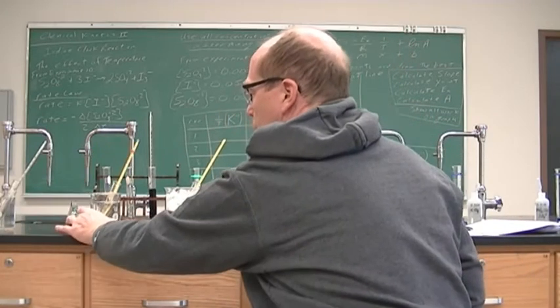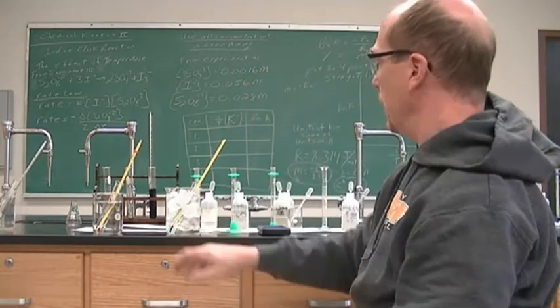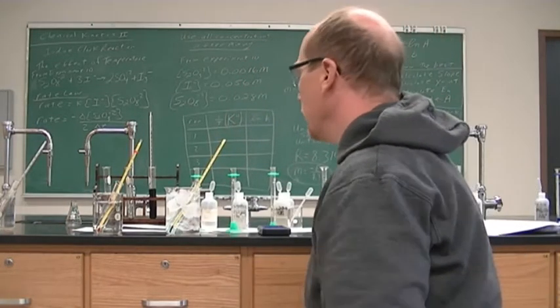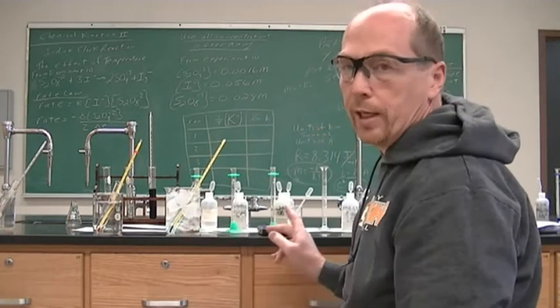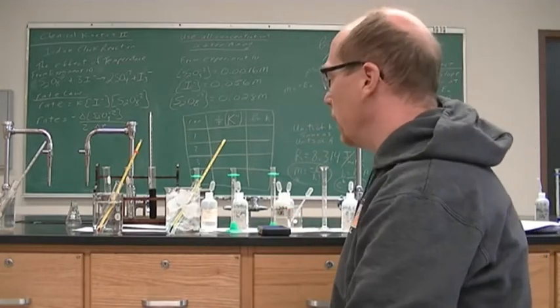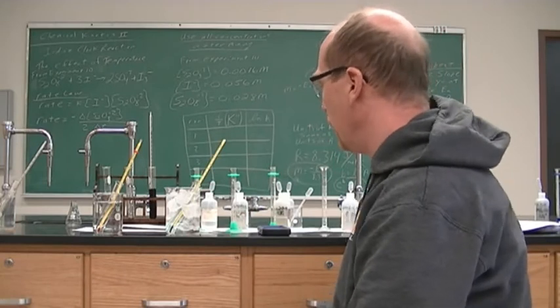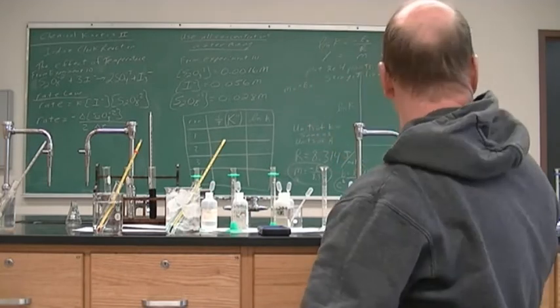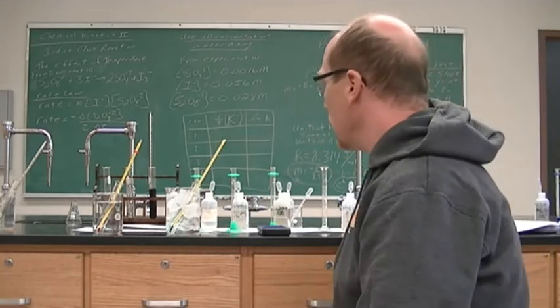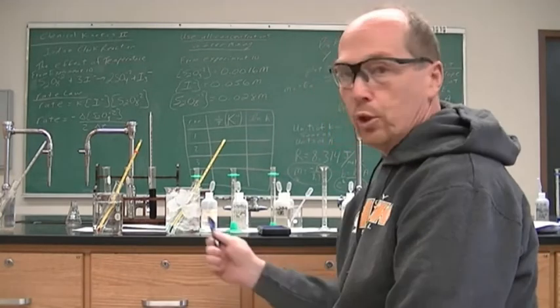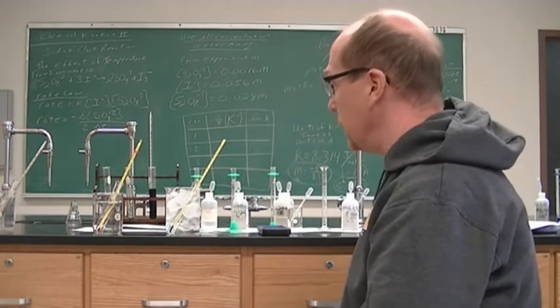Again, we started this one at the 5-minute mark, and this one is still running. So when this one turns, I'm not going to stop the timer. I'm going to let the timer go, and I will write down the number that we have when that one is blue. But we're not sure which one's going to change first. But we're not going to stop the timer.